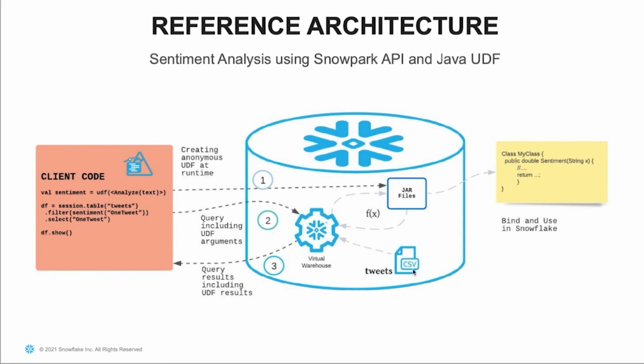We have tweets data saved in a CSV file in a Snowflake internal stage, as well as the NLP jar files that we got from Stanford CoreNLP. We will create an anonymous function using Scala. That anonymous function we will register as a user-defined function. As soon as we do that, the Snowpark library will automatically deploy this code as a jar file, as a serialized executable inside of Snowflake.